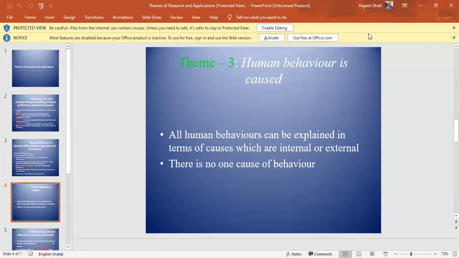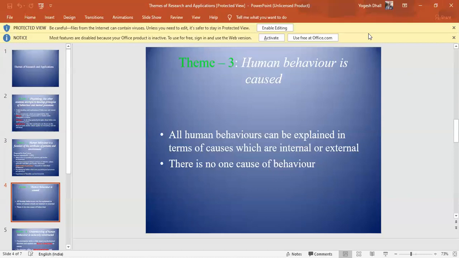It means that people behave differently due to some internal causes, meaning stress, happiness, etc., or external causes or stimuli, meaning the outer environment. Only two factors are there, either internal or external.